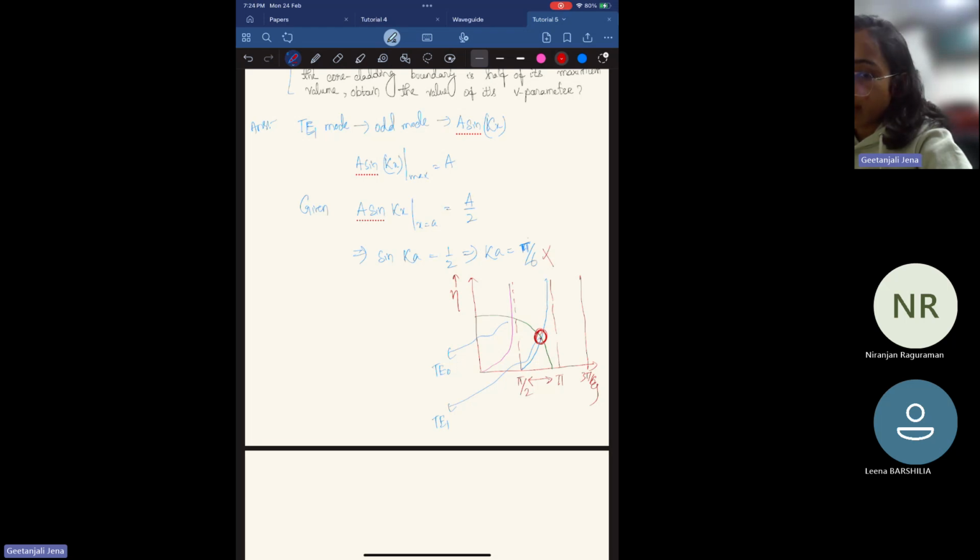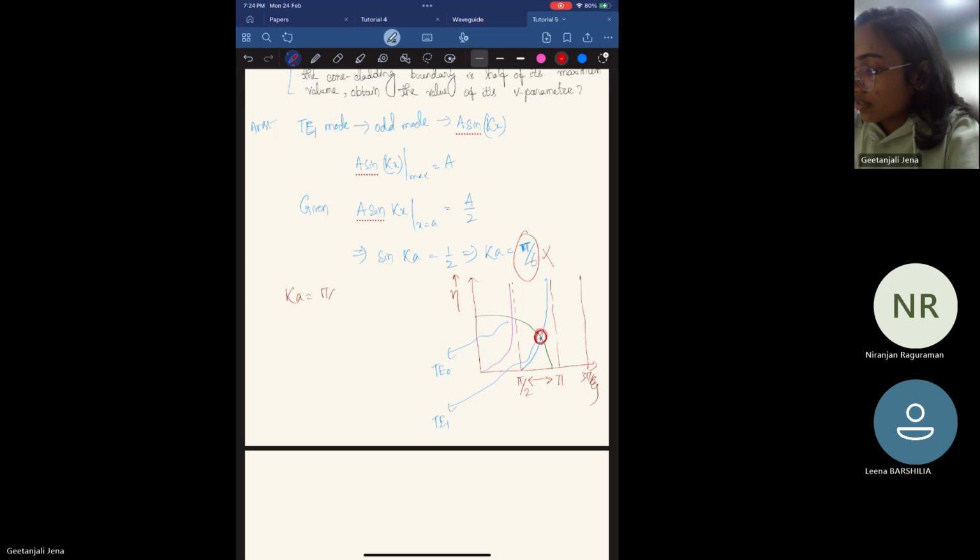So pi by 6 doesn't lie between pi by 2 to pi, right? So that means pi by 6 is not the answer. It is not correct. So what is the other guess for sine zeta equal to half? It is 5 pi by 6, right?